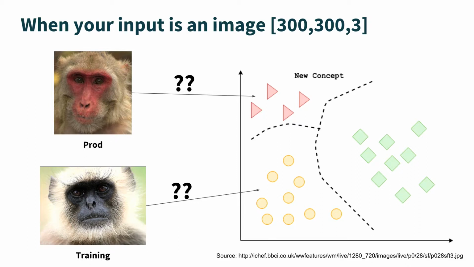How can we map this fact into the concept I have just described with that plot? Because the image is a 300 by 300 by 3 multi-dimensional vector.